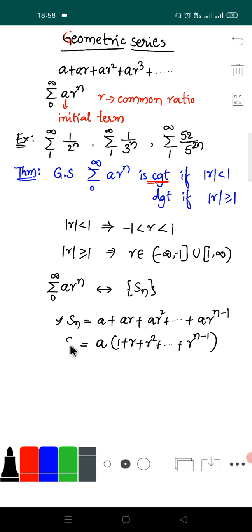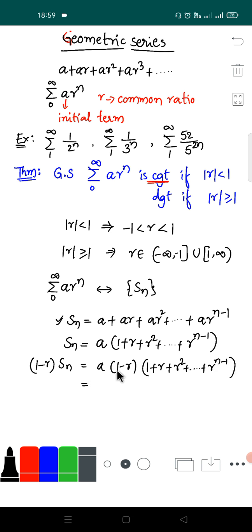Now this is our Sn. Now we multiply both sides of the equation by 1 minus r. So we get a into 1 minus r, times 1 plus r plus r square and so on, r to the power of n minus 1.